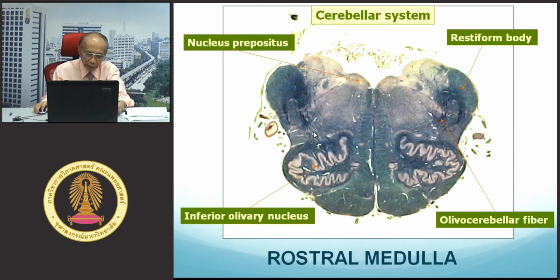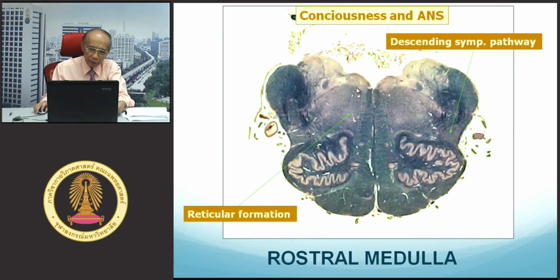The cerebellar system includes restiform body, olivocerebellar fiber, inferior olivary nucleus, and nucleus prepositus. The consciousness system and autonomic nervous system will include the reticular formation and the descending sympathetic pathway.